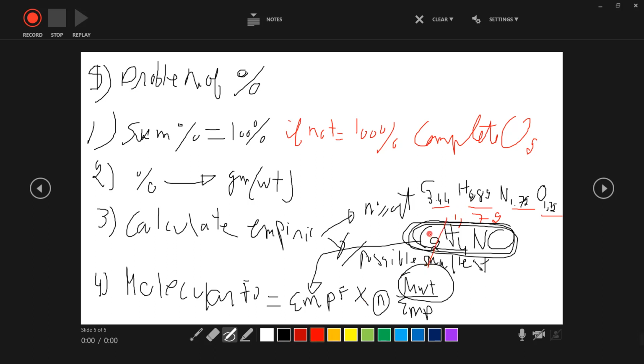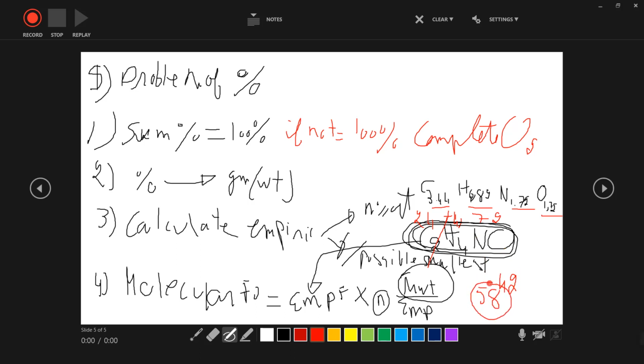C2, 12 times 2, it will be 24. 24 plus 4, 28. 28 plus 14, it will be 42. Plus 16, it will be 58.